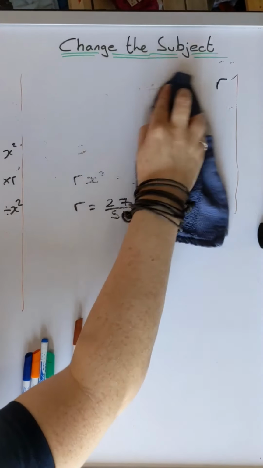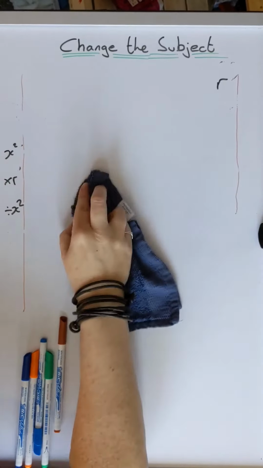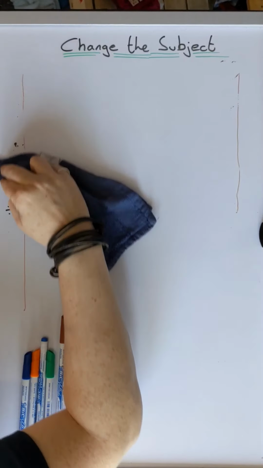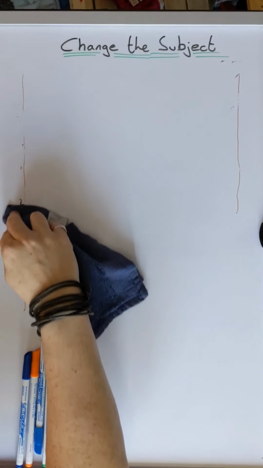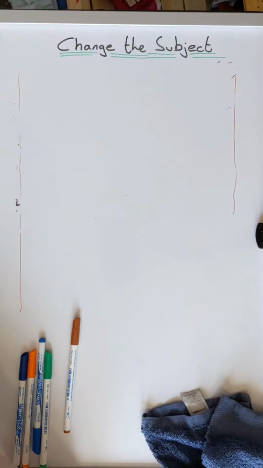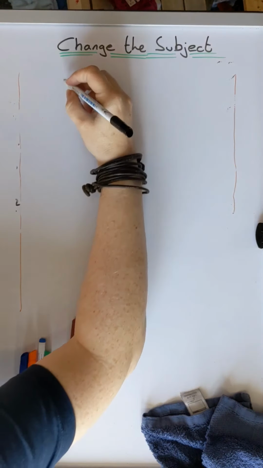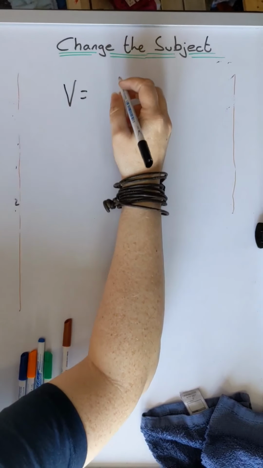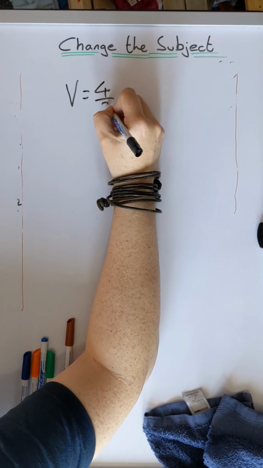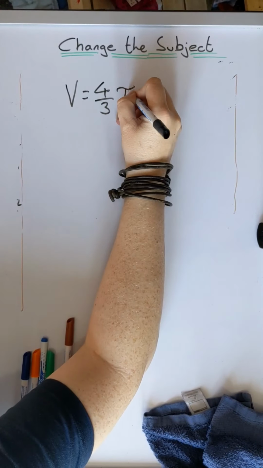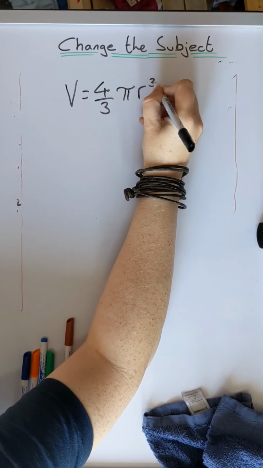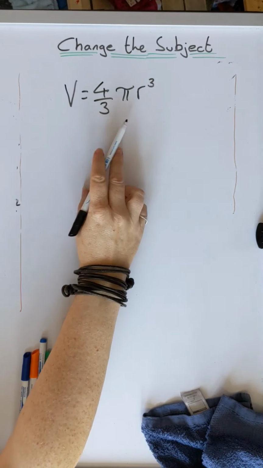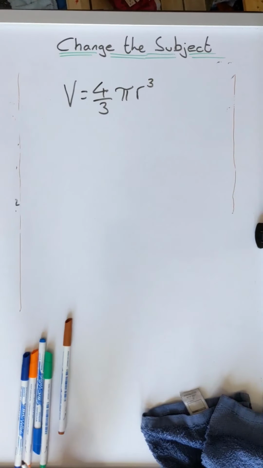A common way that you're going to recognise these and come across these in the tests is in a formula. So if we have the formula for a volume of a sphere, volume equals 4/3 pi r cubed.